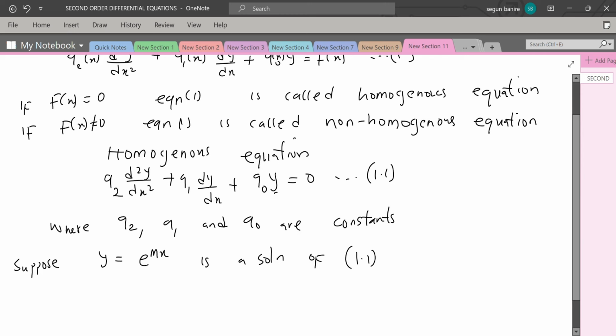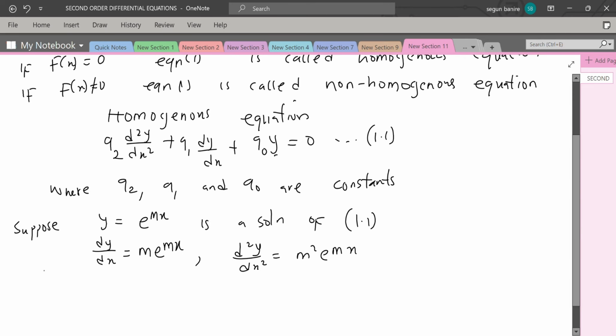So we need dy/dx and d2y/dx squared. dy/dx gives m e to the mx, and d2y/dx squared gives m squared e to the mx. Substituting into the equation, we get a2 m squared e to the mx plus a1 m e to the mx plus a0 e to the mx equals 0.